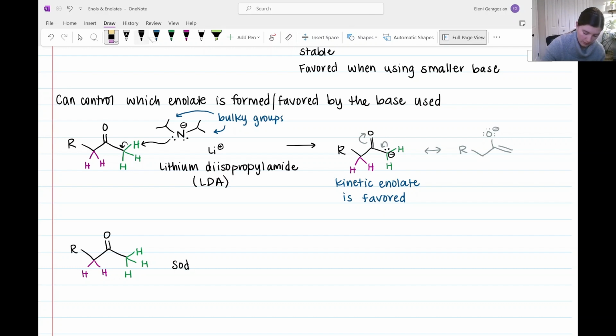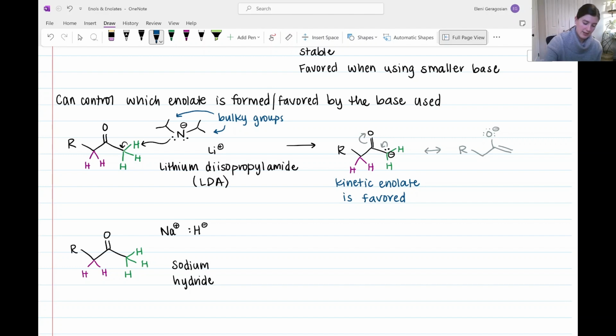We've seen this base before. We have sodium with a +1 charge, and then hydride, hydrogen with a pair of electrons and a -1 charge.